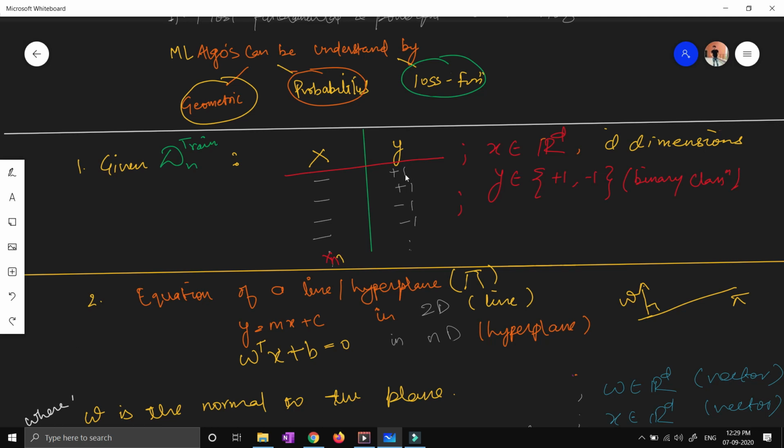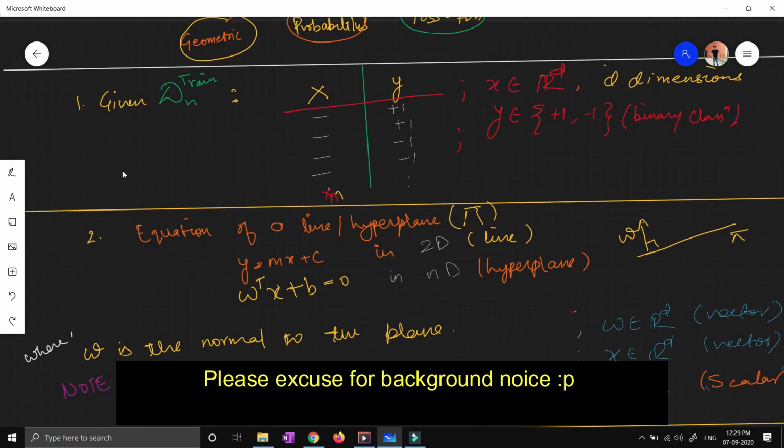So y belongs to the positive class or the negative class, +1 and -1 for binary classification, and x is the feature which belongs to R to the d, the real numbers in d dimensions. So d stands for the d dimension. Here we have only one feature as of now.